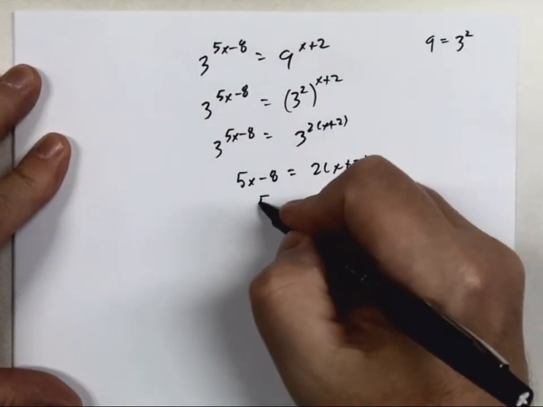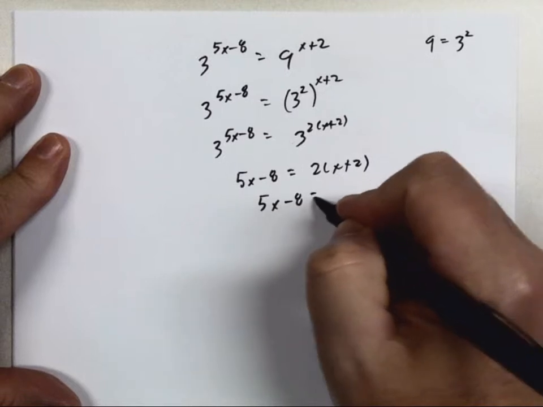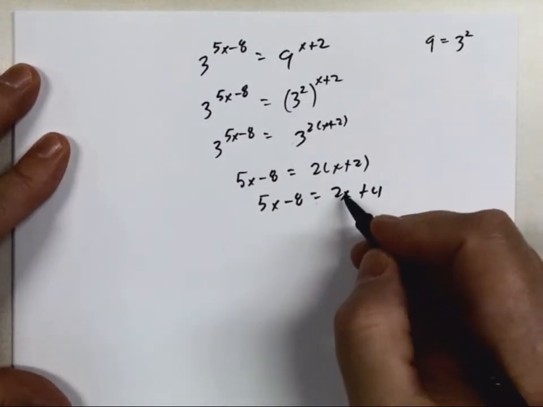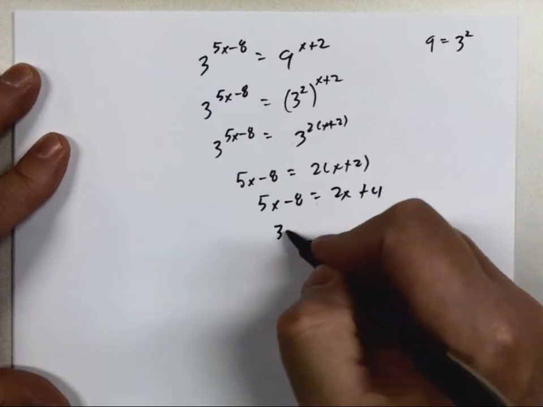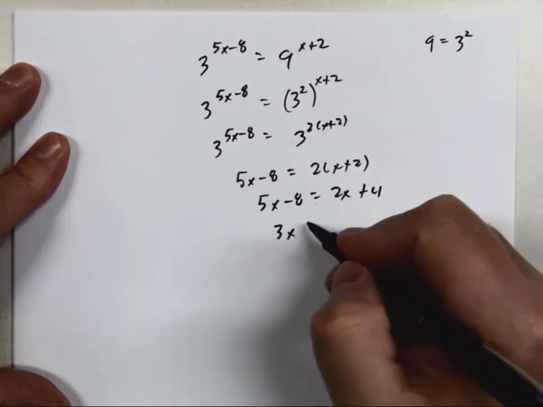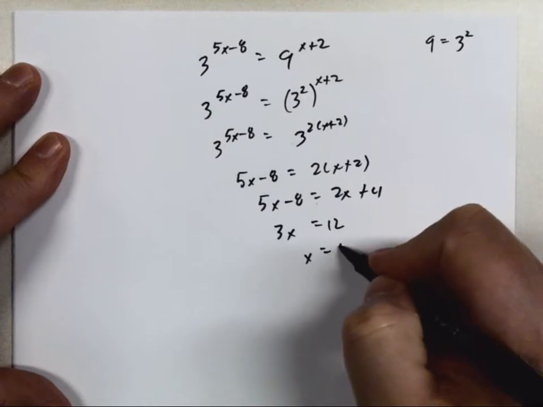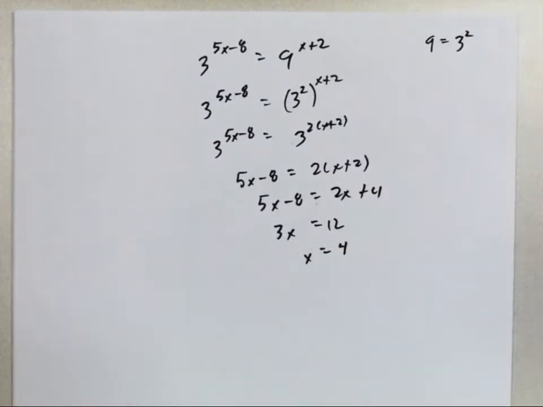Now I can solve this for x. Subtract 2x from both sides, add 8 to both sides. If I didn't make mistakes, my solution is x equals 4.